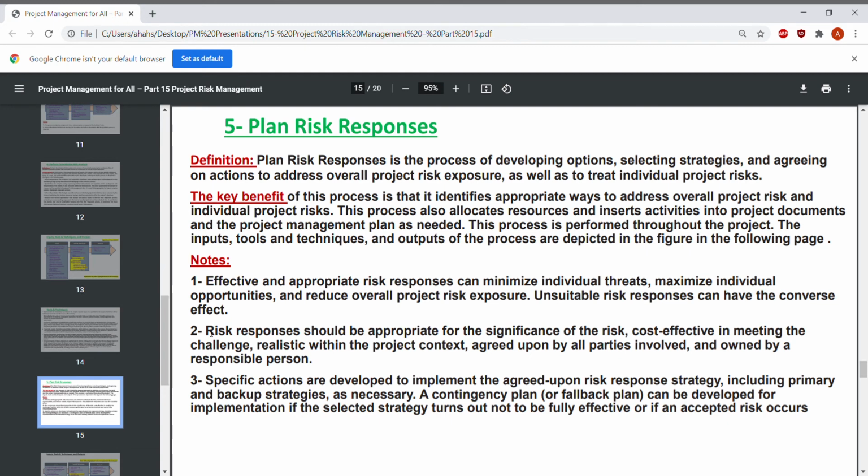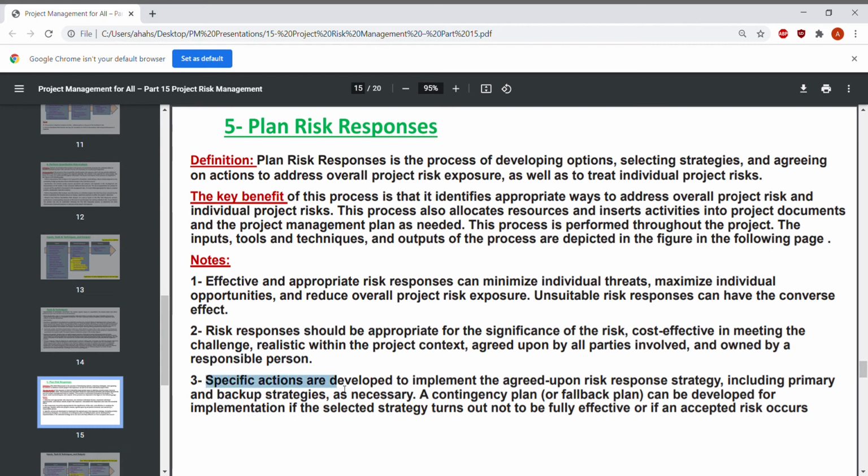The risk responses should be appropriate for the significance of the risk, and cost effective in meeting the challenge. So we should know if the project risk is huge, we may need to spend more money on it. If it is not huge, we should not spend so much money and so much time on it.